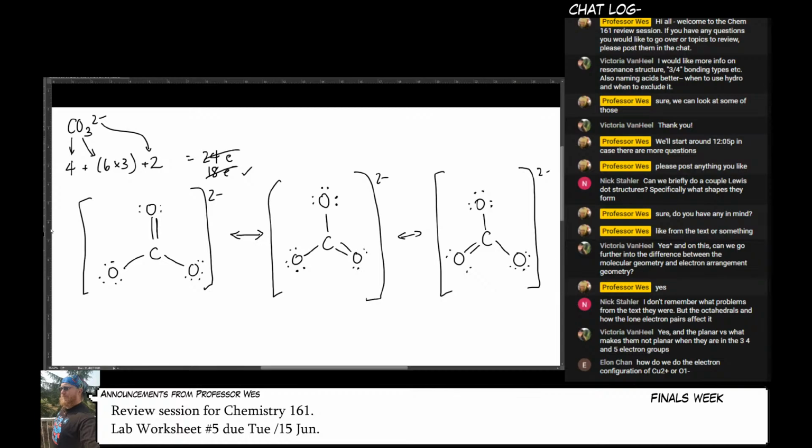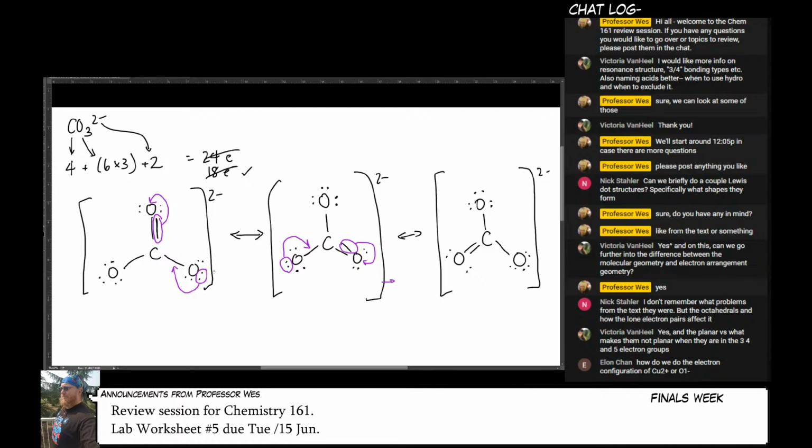So you could kind of think of a resonance structure as moving electrons. If I move this pair of electrons into the double bond position, and then I take this pair of electrons and I move it back here, that will get me to the second structure. And then I could put this pair of electrons in the double bond and move this back here.